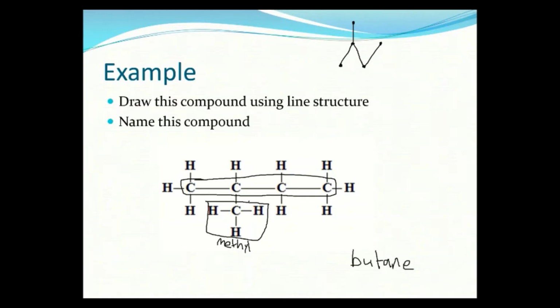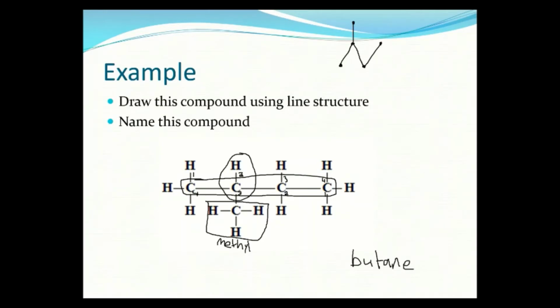Now, this methyl branch, we need to indicate which carbon it appears on. So I could count, this is carbon 1, this is carbon 2, this is carbon 3, and this is carbon 4. Or I can count from the other way. I can say this is carbon 1, this is 2, this is 3, and this is 4. So this branch appears on this carbon right here.